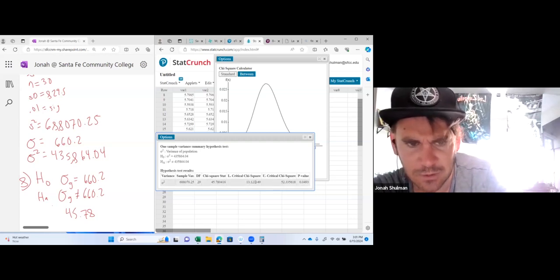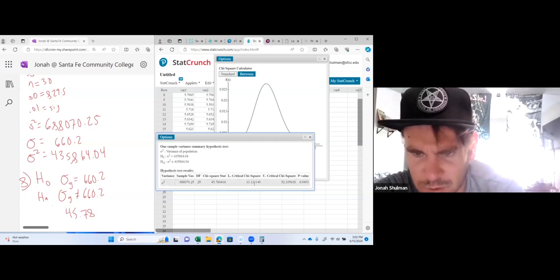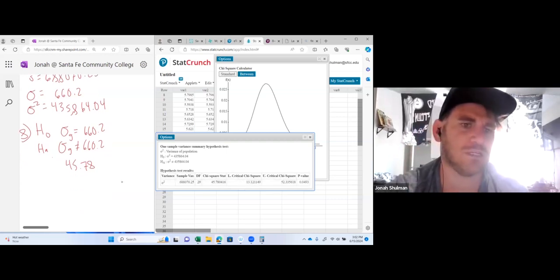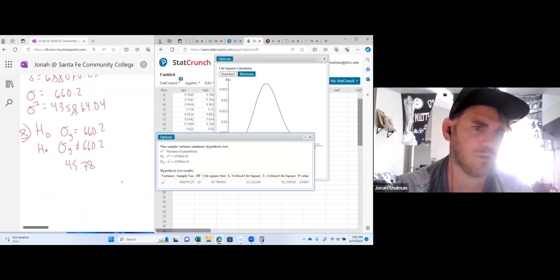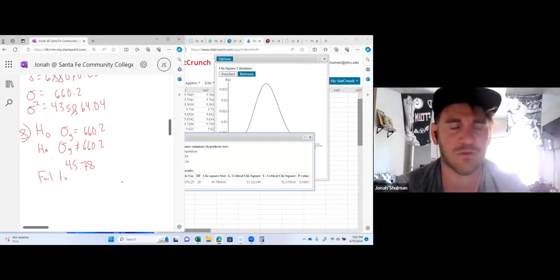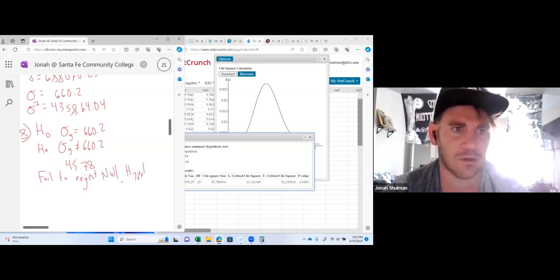And it does fall within the range. 45.78 does fall between these two values. So we fail to reject the null. Girls have just as much variance in their weight as boys. So fail to reject the null hypothesis. All right, let's do 10.